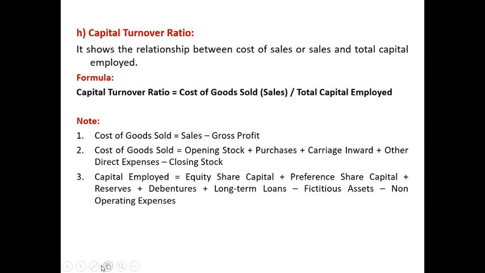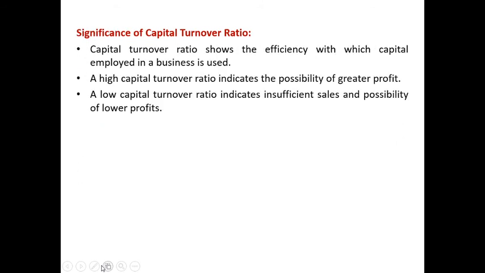Then note, we have already discussed how to calculate the cost of goods sold. Directly we are going to discuss the capital employed. What is the formula for capital employed? Equity share capital plus preference share capital plus reserves plus debentures plus long-term loan minus fictitious assets minus non-operating expenses.